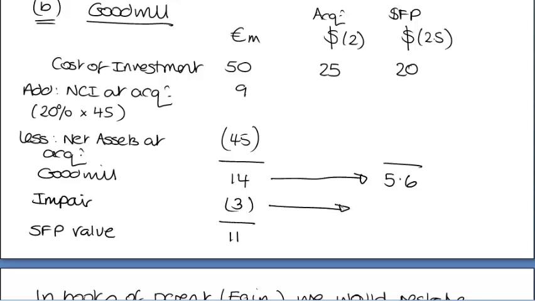Everything we put through reserves, I'm going to put through at the closing rate. So that impairment at 2.5 to the dollar gives me an impairment of 1.2 million. So the goodwill figure in the statement of financial position is $4.4 million. Okay, so that's goodwill.